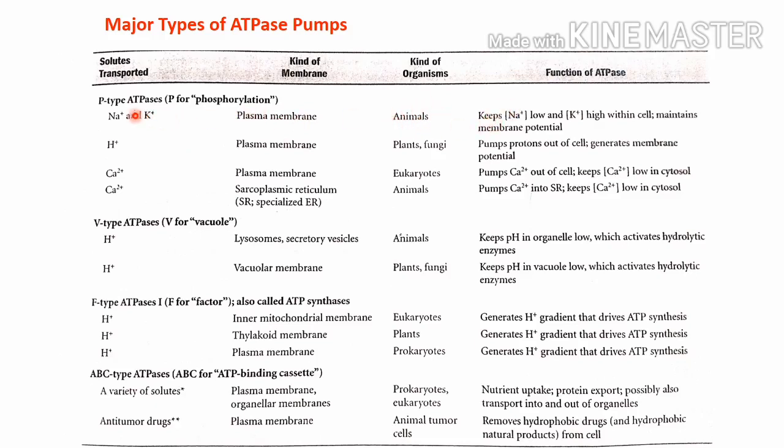So what is the role of this sodium potassium pump? It keeps low sodium and high potassium ion concentration within the cell so as to maintain the membrane potential. Similarly, the hydrogen ion gradient is made by these P type ATPases in the plasma membranes of plants and fungi, and these pumps pump protons out of the cell and generate a membrane potential.